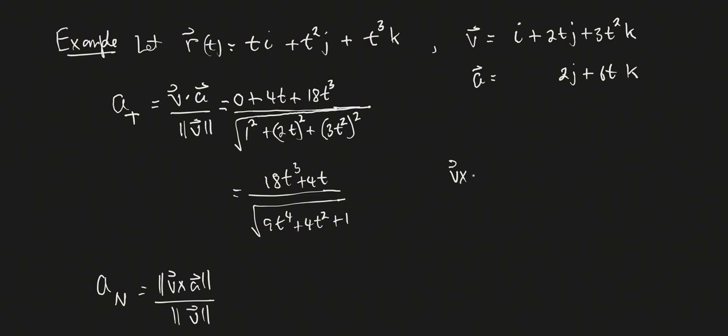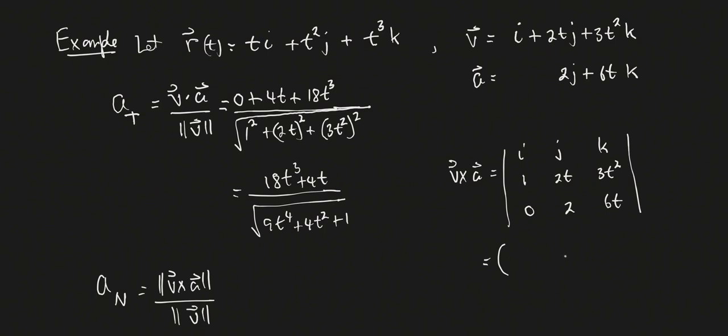So v cross a. Let's set up our 3 by 3 determinant. We'll put the components 1, 2t, and 3t squared, and then 0, 2, and 6t, right? So let's see what happens. Now, here I'm not going to write down the actual 2 by 2 determinants.